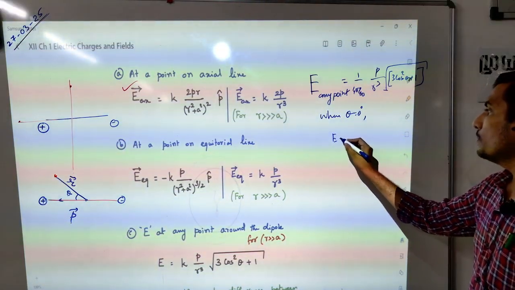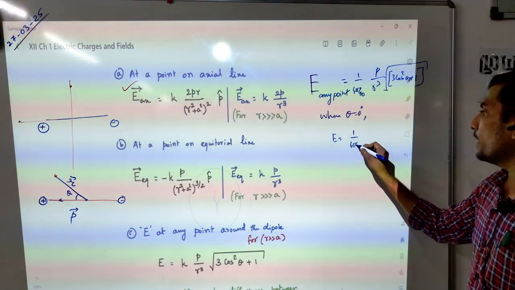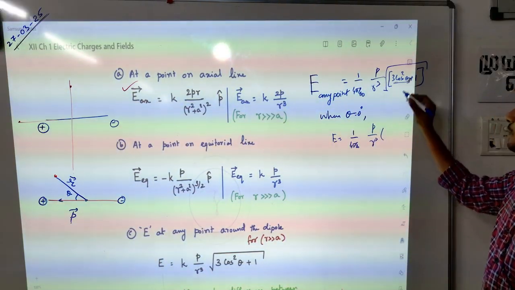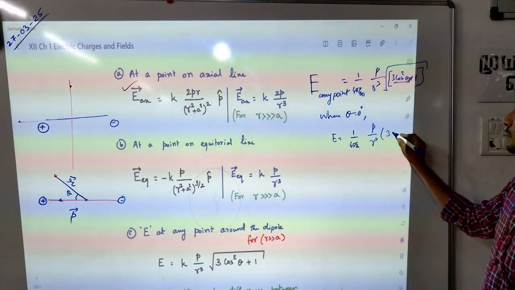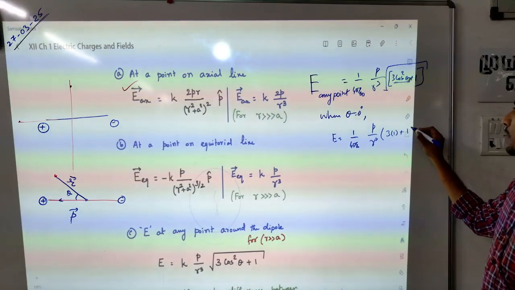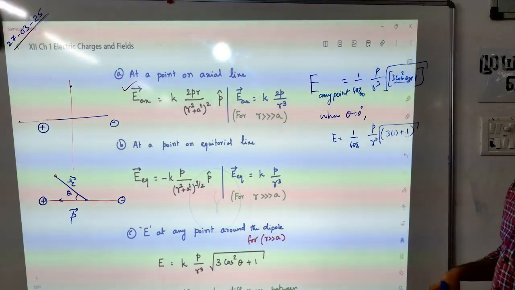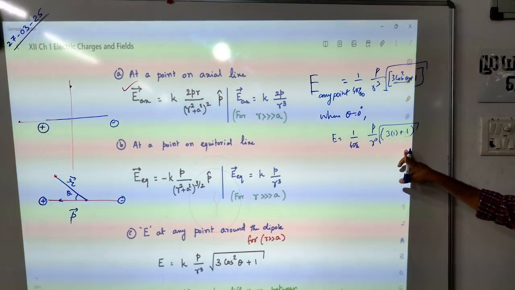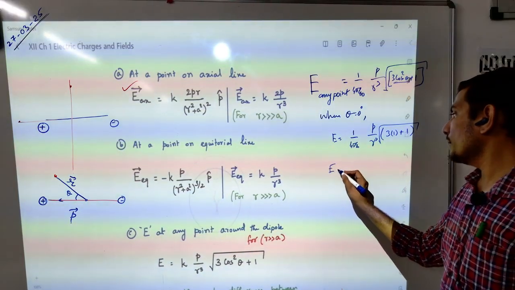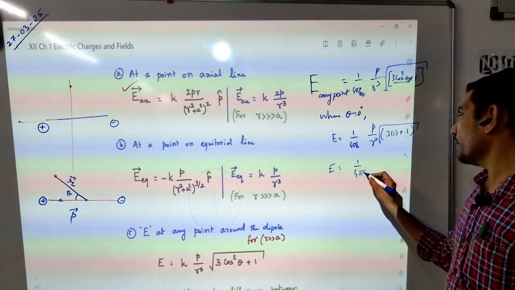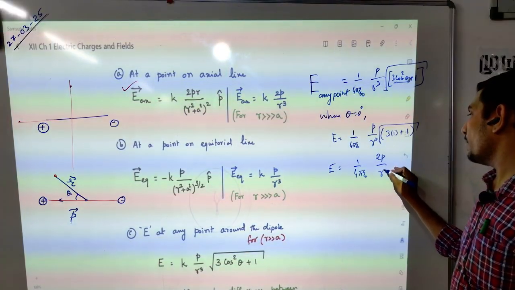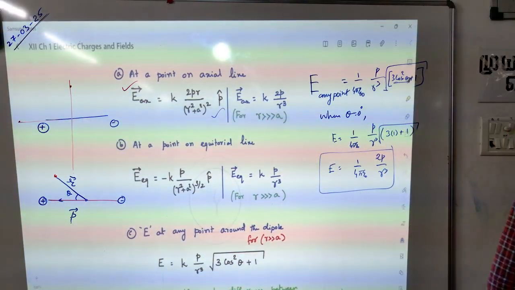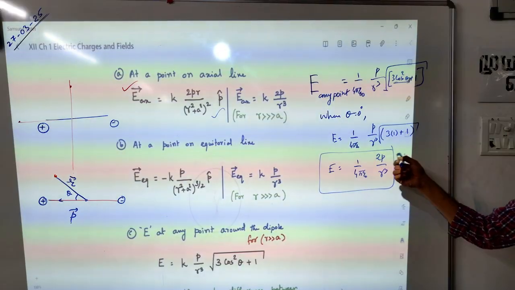E is equal to 1 by 4 pi epsilon naught P by R cube into root of 3 into 1 plus 1, which is nothing but root of 4, which is equal to 2. So E is equal to 1 by 4 pi epsilon naught 2p by R cube. When the angle is equal to 0 degree, we get this.